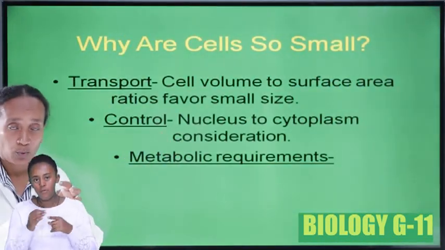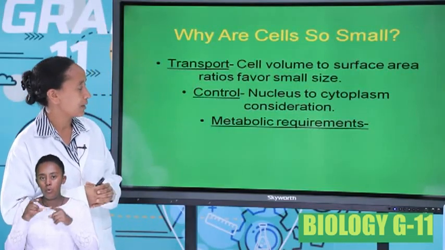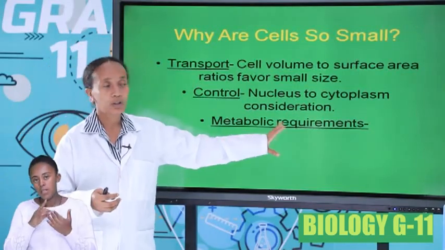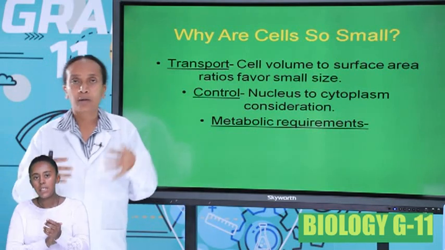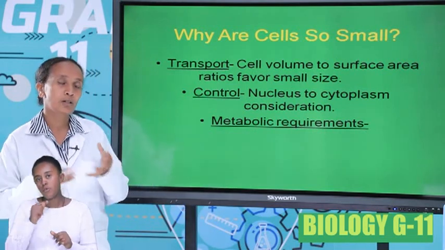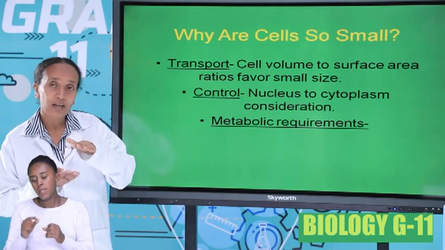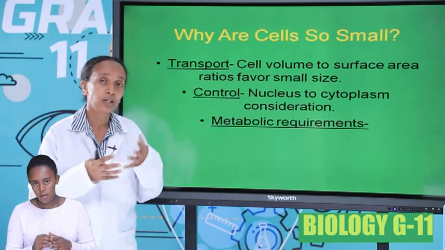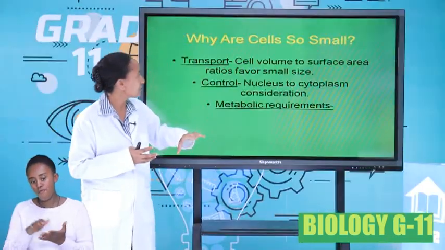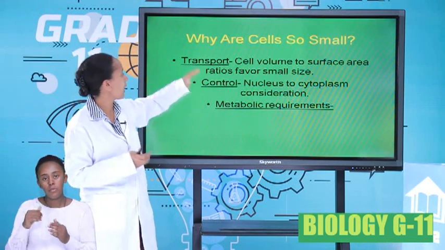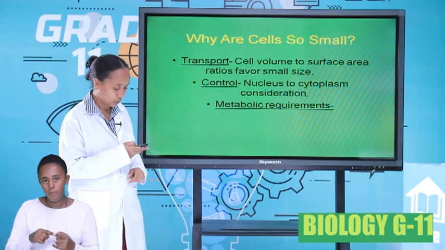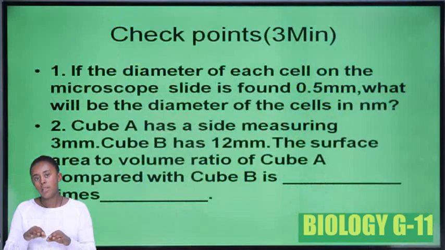If cells are very small, the controlling mechanism becomes easy. And for metabolic requirements, cells need materials for their function. These can be supplied through the surface and processed by the volume. For that reason, cells must be small in size in order to have these 3 important advantages.